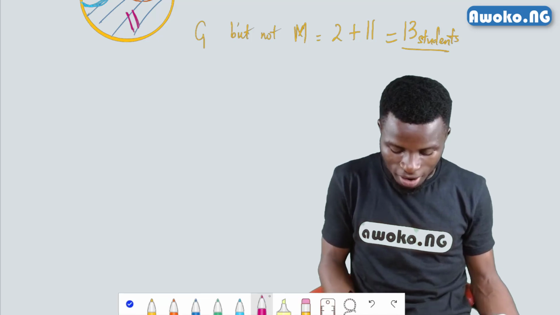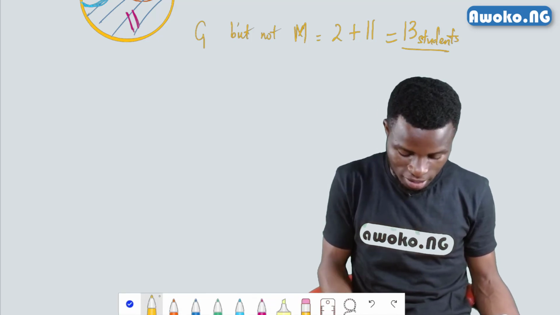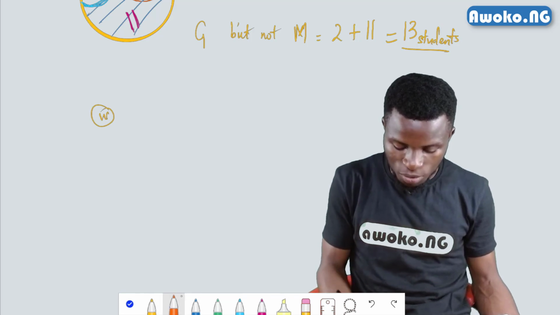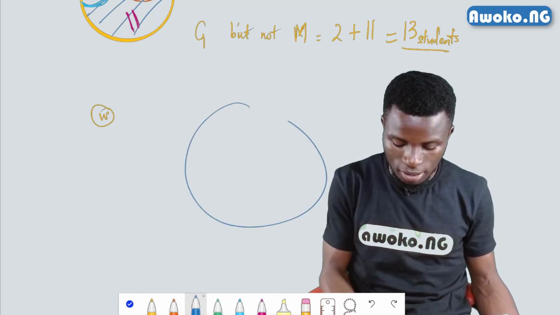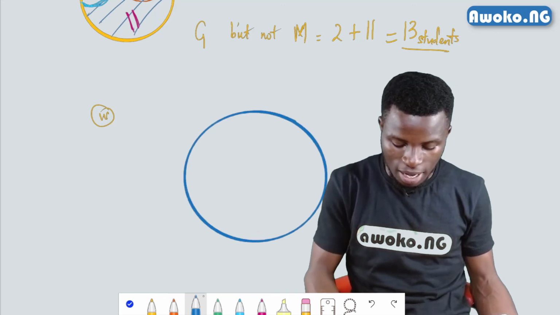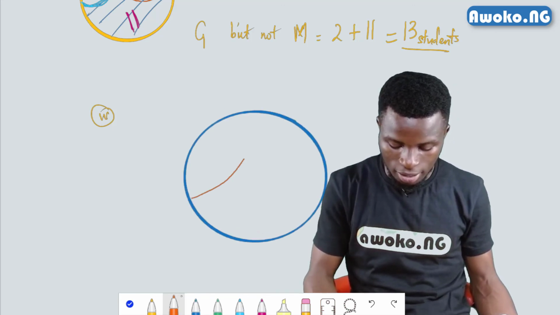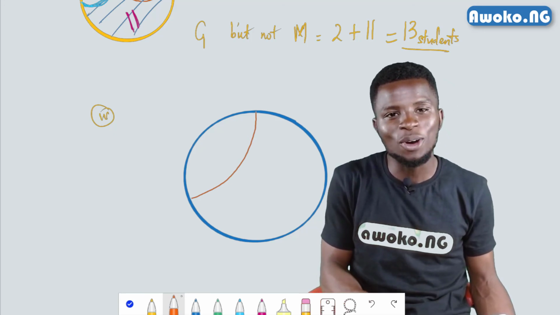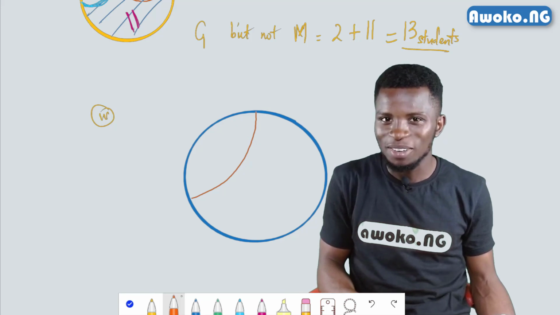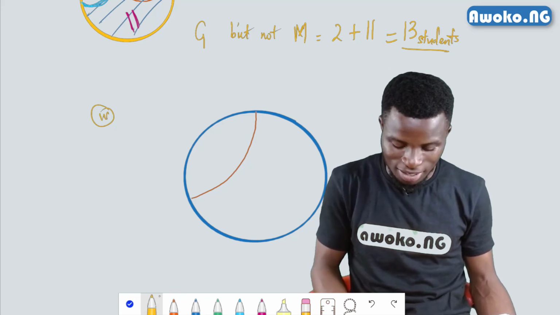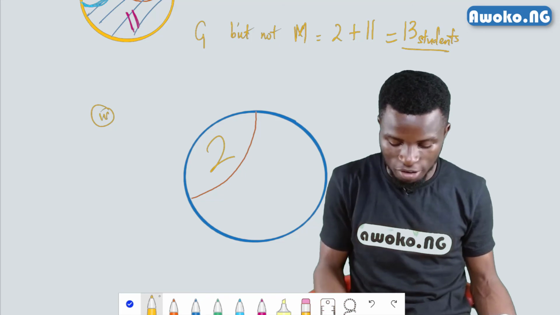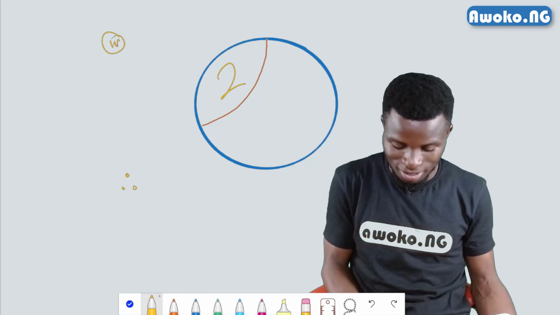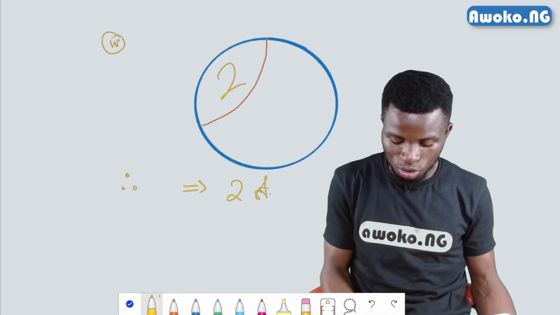From our Venn diagram, you already know that this area covers those offering biology and government. And we already know that this area has 2. Therefore, for biology and government, but not mathematics, we have 2 students.